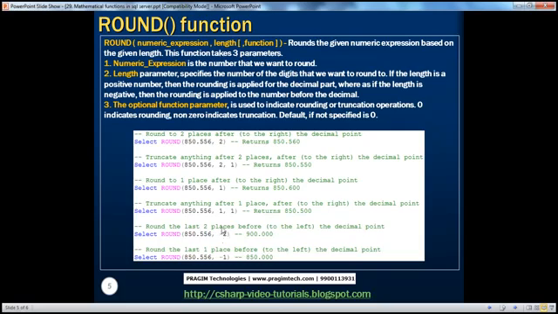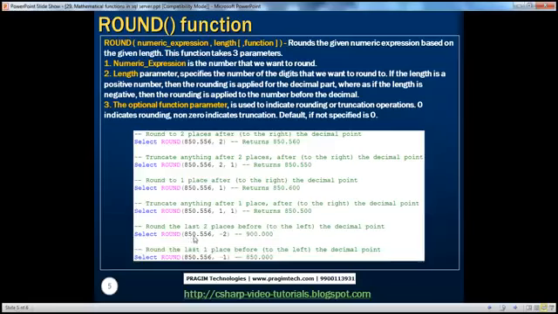Okay, and the fifth example here, if you look at this one, for the length parameter, this is important and interesting. For the length parameter, I'm providing a negative value. So when you provide a negative value, you are asking the round function to round the digits left of the decimal point. So you're telling this round function to round these two places, 50, round these two numbers that are to the left of the decimal point.